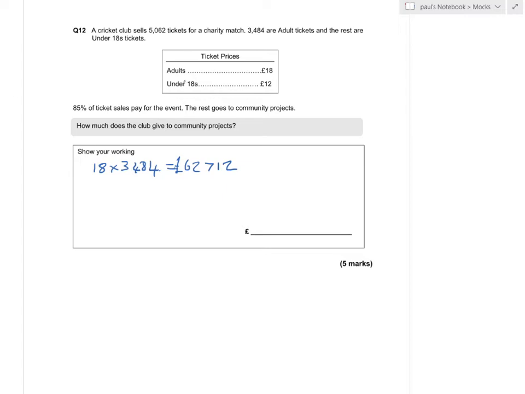Now find out how many under 18 tickets there are. So what we're going to do is 5062, take away all the adults, 3484, and that would be 1578. So now we've got £12 times 1578.